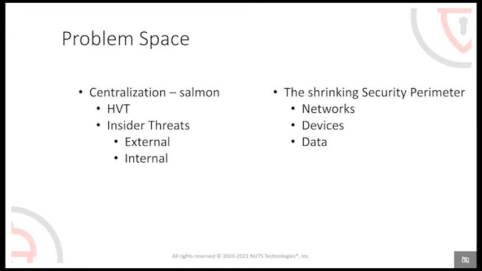The administrators themselves are insider threats, and not only that, if they are careless with their credentials and keys, they will provide easy entry for external threats to gain control of their systems and leak secrets. And then lastly, the other problem is that we've been shrinking our security perimeter down from networks to devices. Now we want to get down to the data level and actually lock that sucker down.